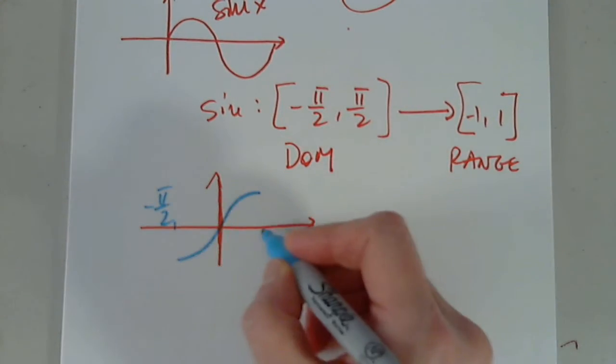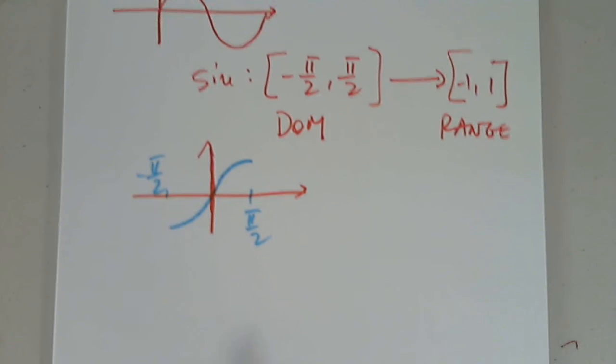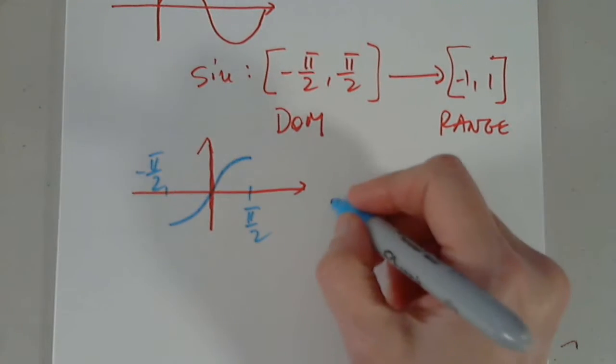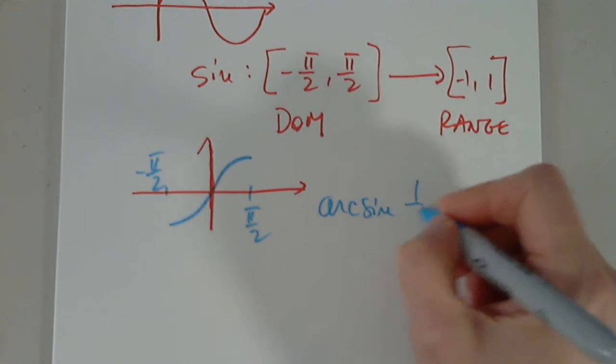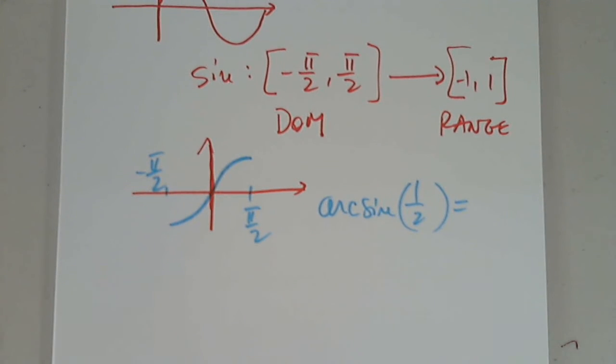Between negative pi over 2 and pi over 2, for that reason, there is only one possibility, one and only one, for arcsine to be 1/2.